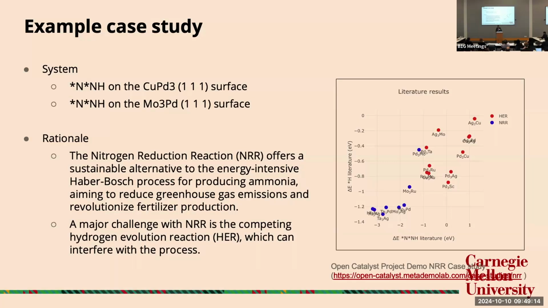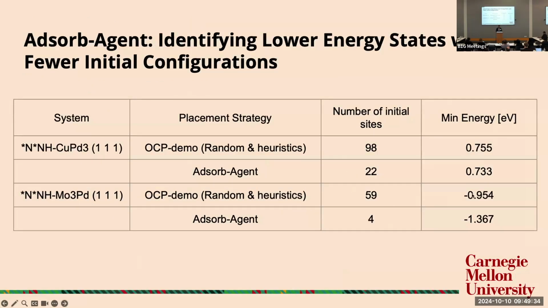But as you know, a major challenge is the competing HER, which can interfere with the process, based on literature data from the Open Catalyst Project on NRR, and you can see the literature results on the graph. So we applied the LLM-assisted AdsorbAgent, and there is also something very interesting here.